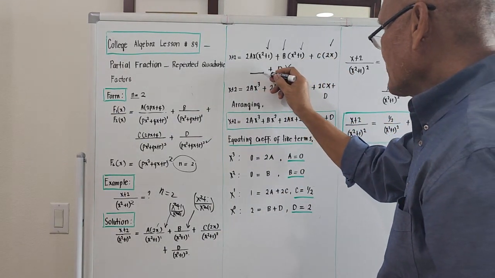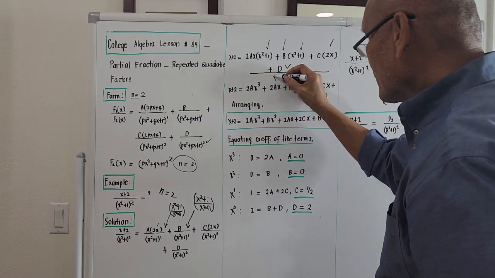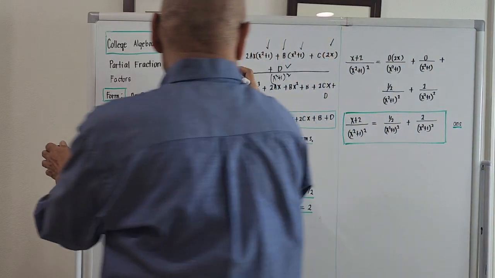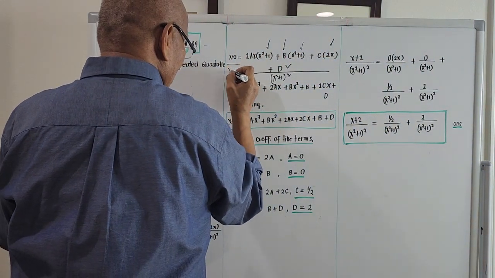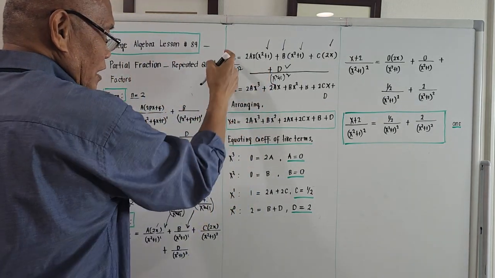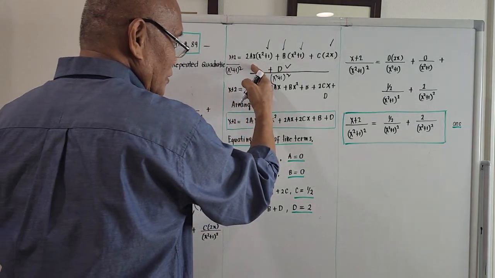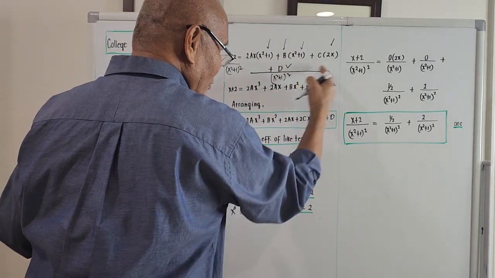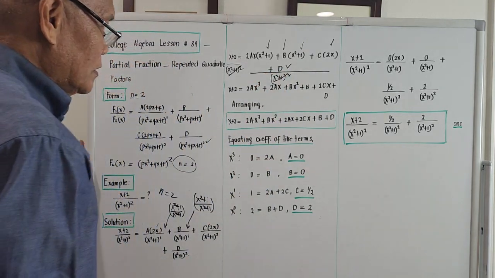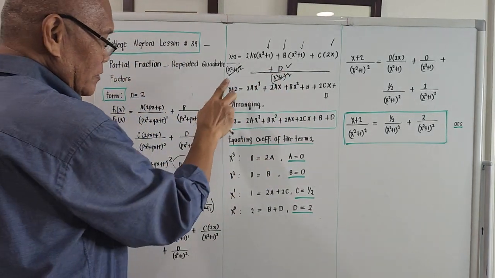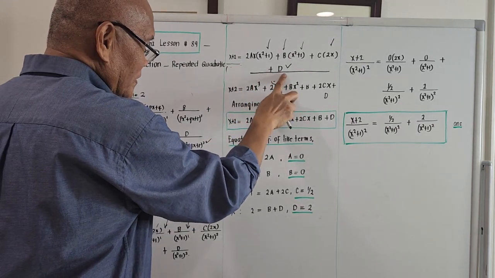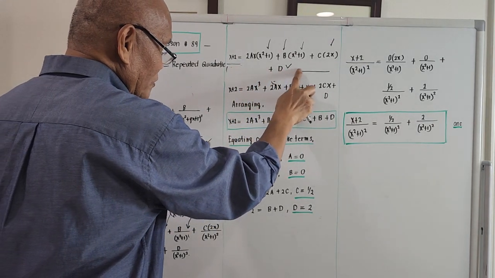The given right hand side is under actually x squared plus 1 quantity squared. And for the left hand side, I expedite a little bit. X squared plus 1 quantity squared denominator, the summation of the individual numerators all over the common denominator. So actually this one here cancels with it. So what remains? No more like this, right? No more like this. Okay, so it will just be simply that one.